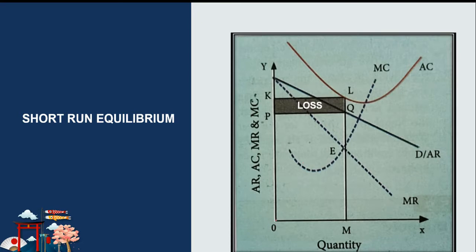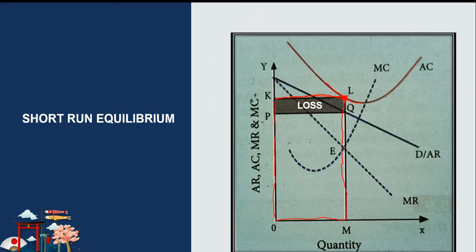This is the total cost: O, M, L, K is the total cost. Because at this point L, we see the AC curve is cutting. So till this point, we have the cost. When I draw a perpendicular line to the y-axis, I get the point K.